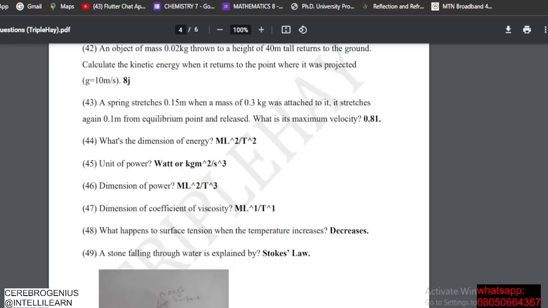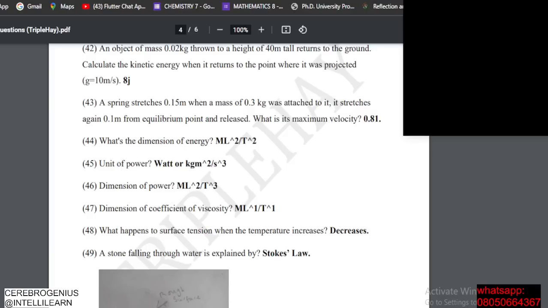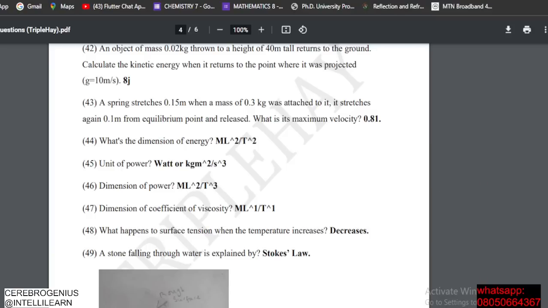Number 43: a spring stretches 0.15 meters when a mass of 0.3 kilogram is attached to it. We use these first two conditions to get the spring constant.